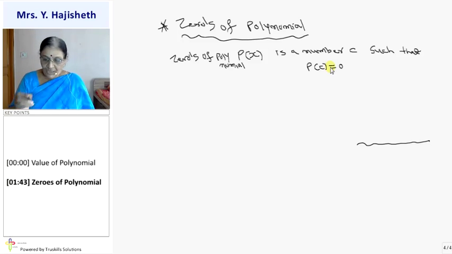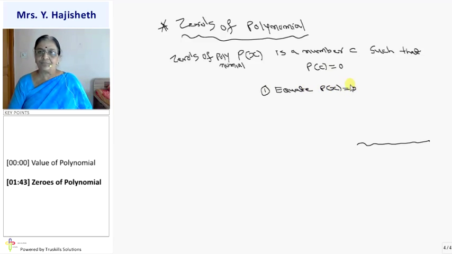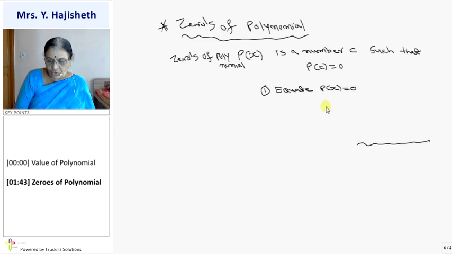Clear? In order to find out zeros of polynomial, first step is equate p(x) with 0. After equating p(x) with 0, you can find out value of x.